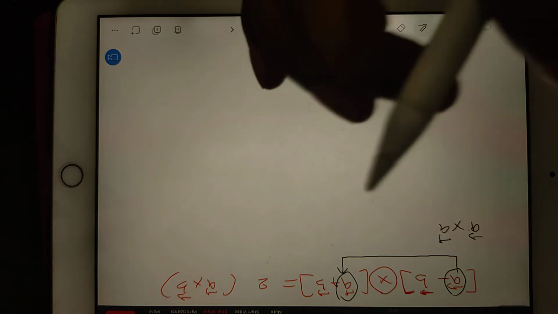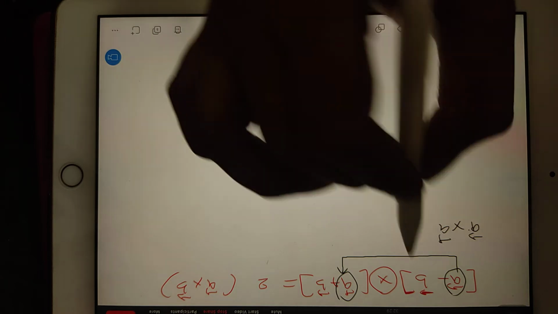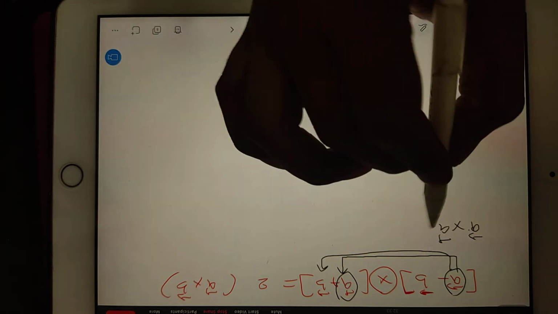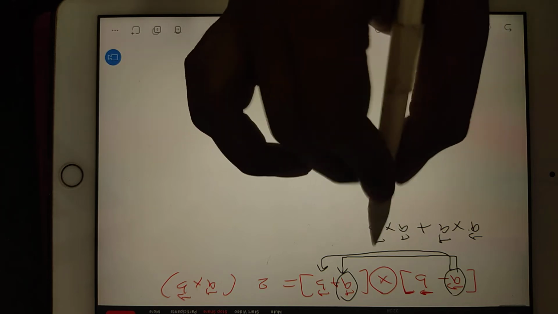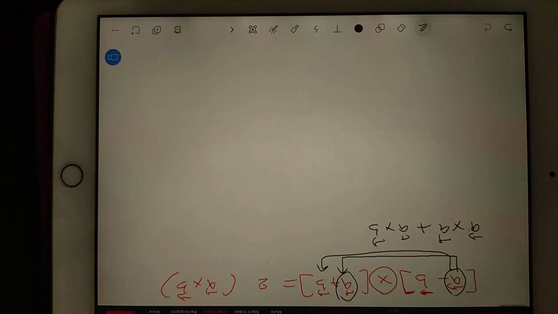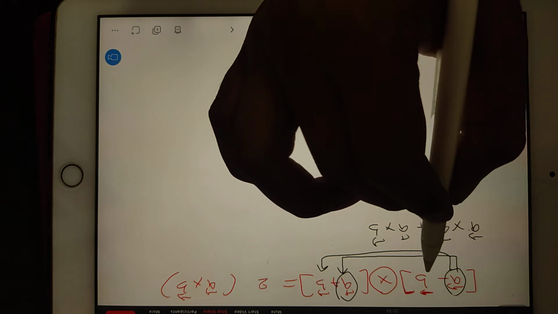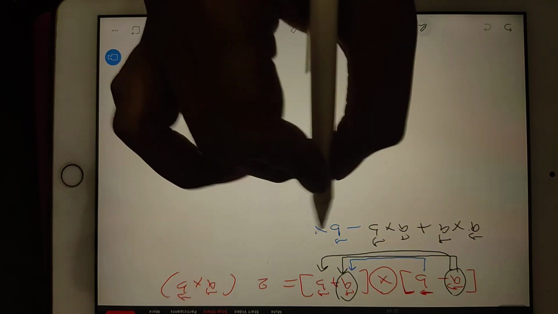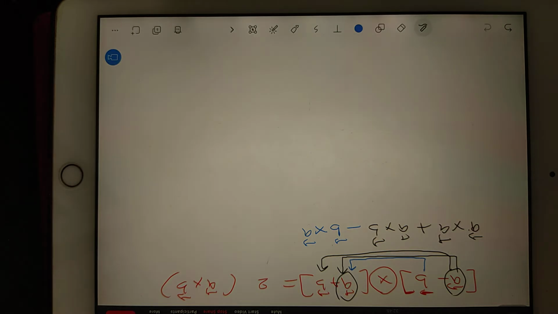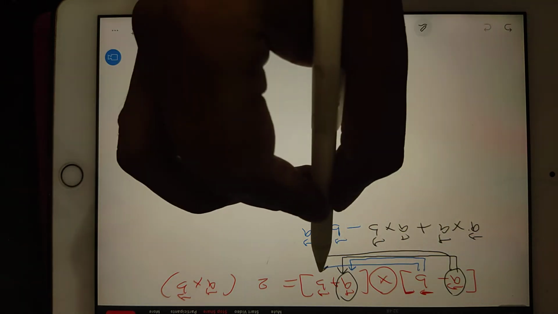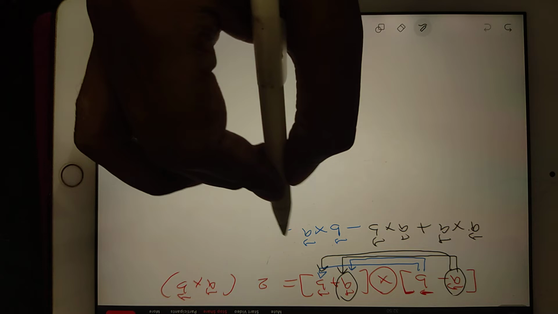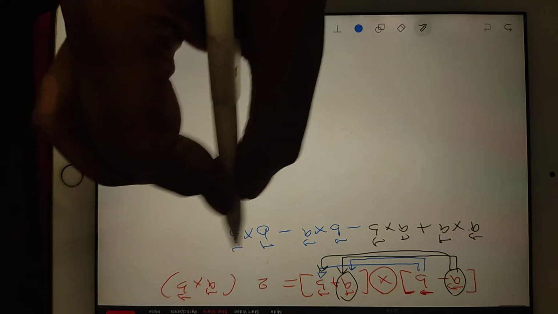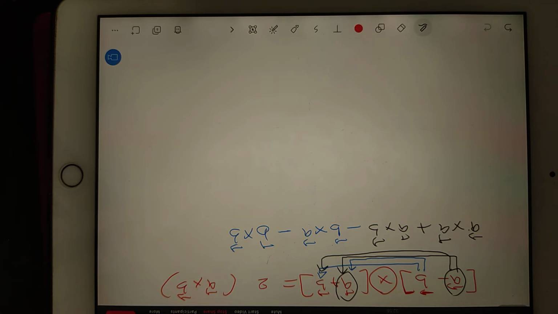In the next step, very similar, this a I will multiply with b plus a cross b. Then I will go further and choose this b, and multiply here, so minus b cross with a, and then this b again cross with this, so minus b cross b. Now you understand this.